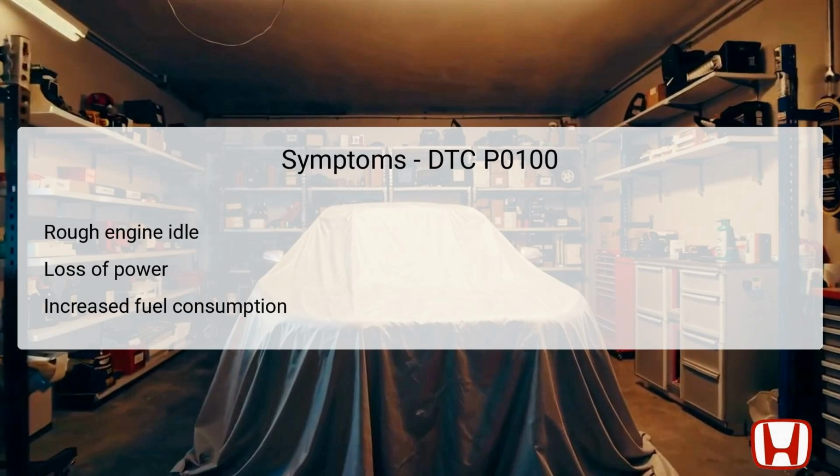Increased fuel consumption is also a typical symptom, as the engine may run rich or lean due to a malfunctioning sensor. In some cases, the check engine light may illuminate on the dashboard, indicating that the vehicle's diagnostic systems have identified a fault. These symptoms collectively indicate that immediate attention is required to prevent further mechanical issues.